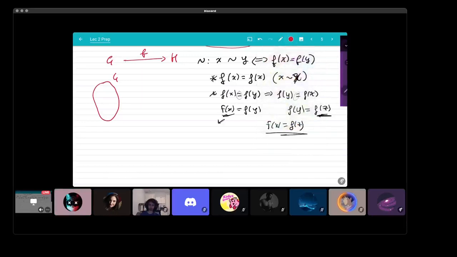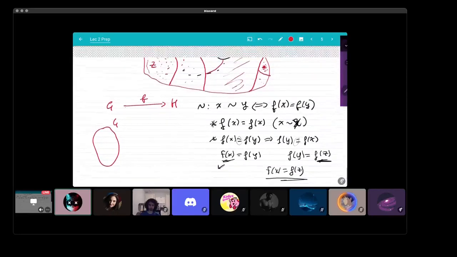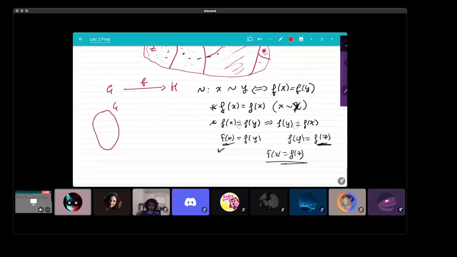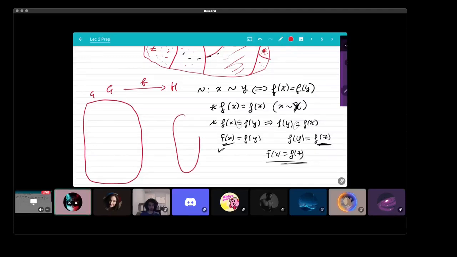But the interesting thing is, we saw that it gives rise to a partition of the group. So we had a group. Let's say this is our discrete image group.